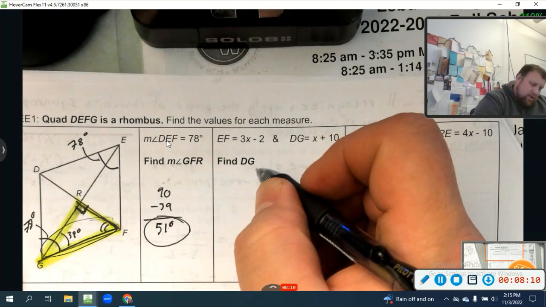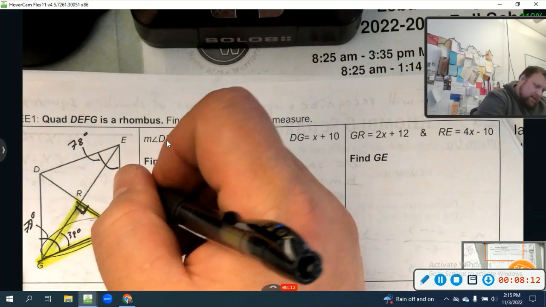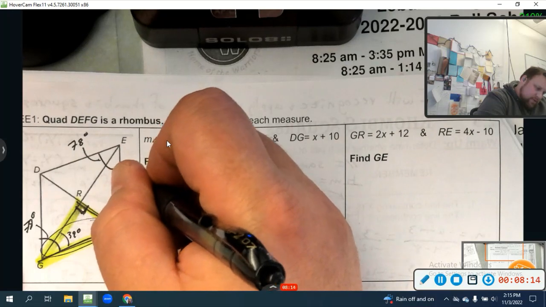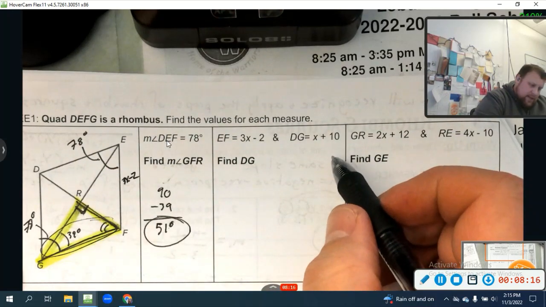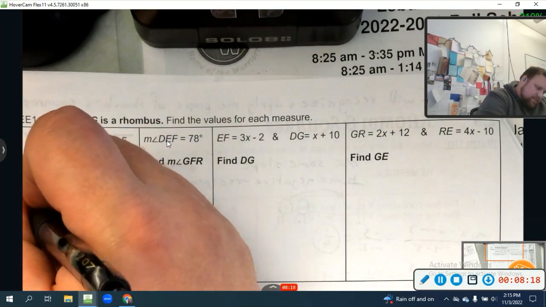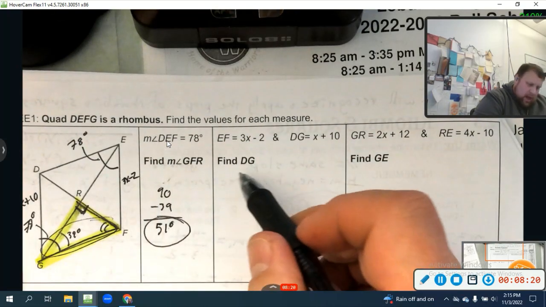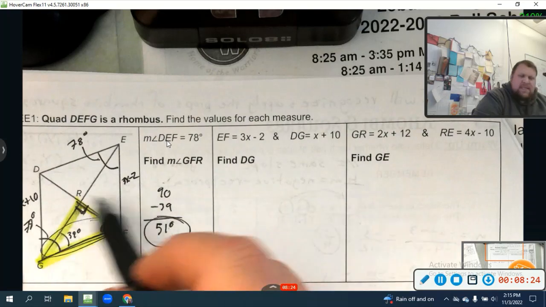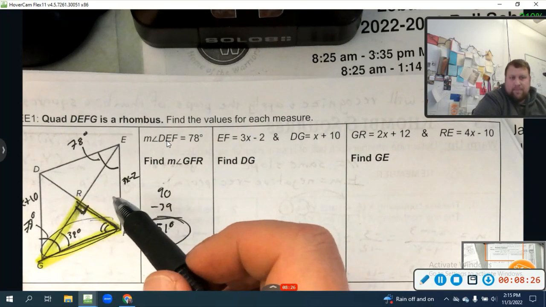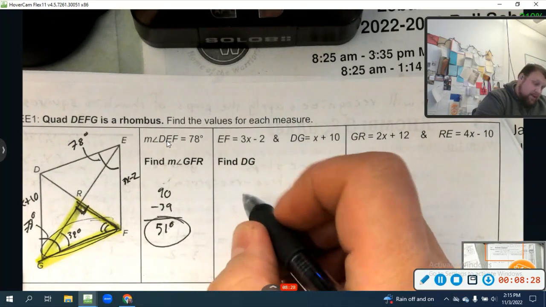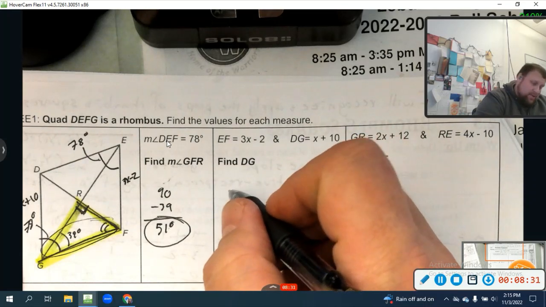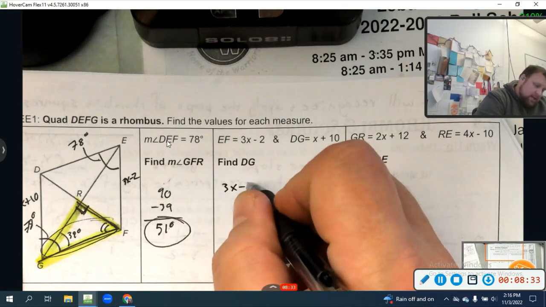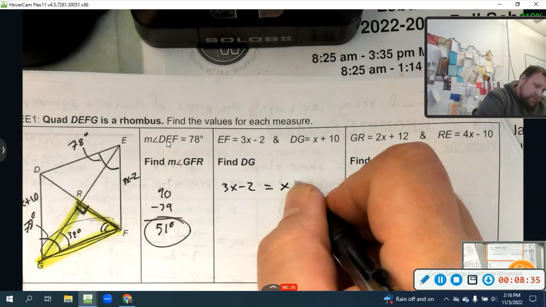How about this? What if I know that EF equals 3x minus 2 and DG equals x plus 10? By DG, well, what do I know about opposite sides of the parallelogram, or a rhombus? I know that they're congruent, so I'm going to say that 3x minus 2 equals x plus 10.